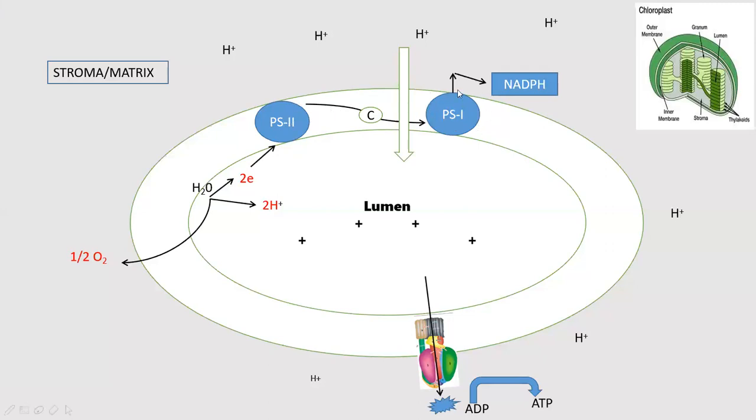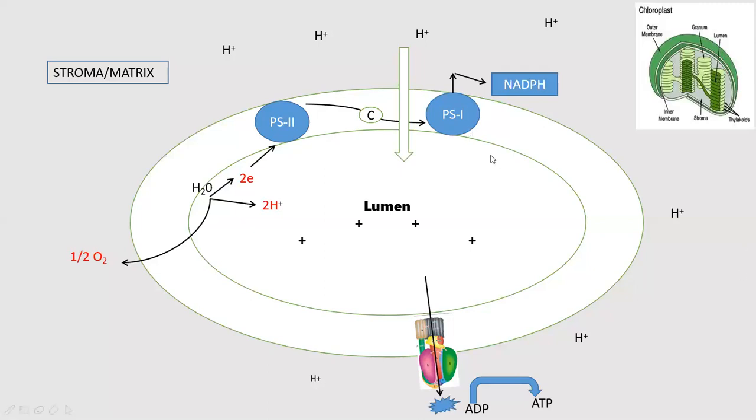The first one is PS1 and the second one is PS2. This non-cyclic photophosphorylation occurs on the membrane of the thylakoid. This is the membrane of the thylakoid.